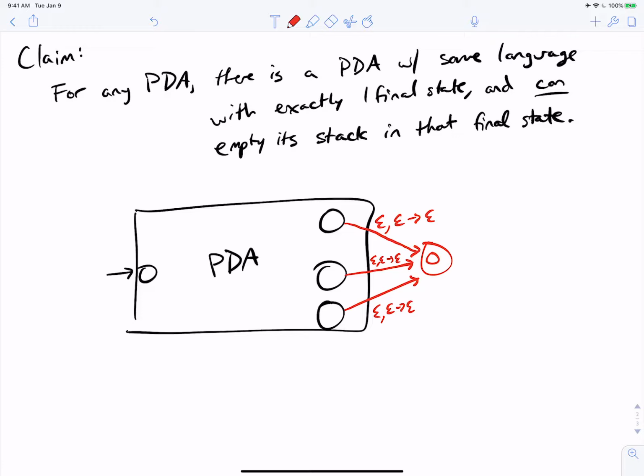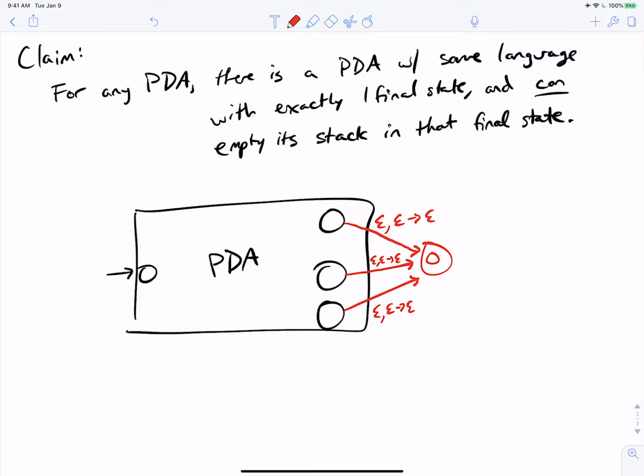Does it matter what the stack contents are when I accept a string? No, I can have anything on the stack that I want. So if I landed in one of those three final states before, I can just zoom over to the new final state. It's just like the NFA idea that we had before.